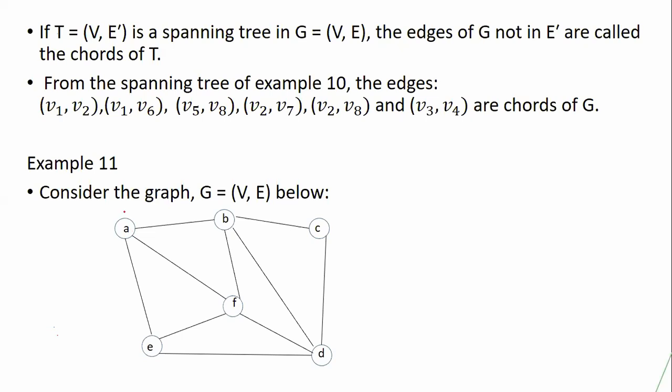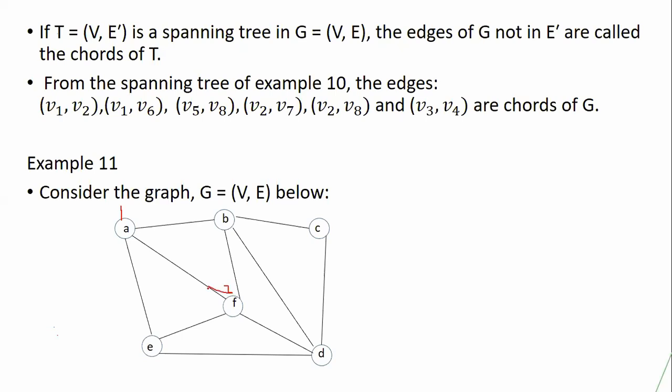So assuming we start from A, we number A as 1. Then take either B, F, or E. Now assuming I take, let's see, F. Then I will number here 2.